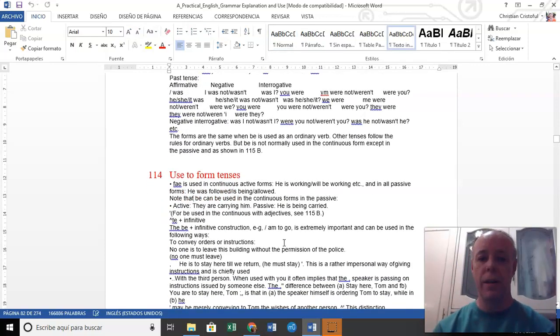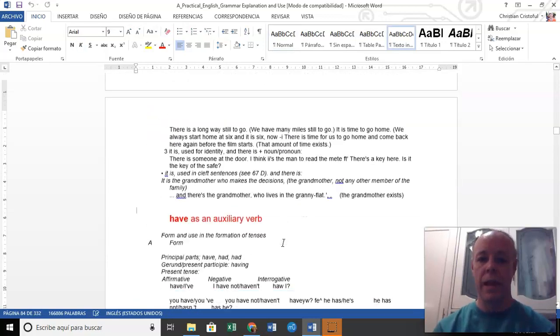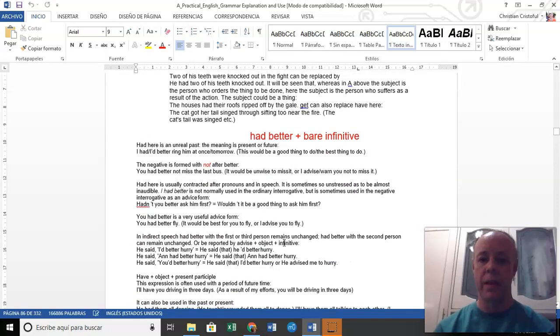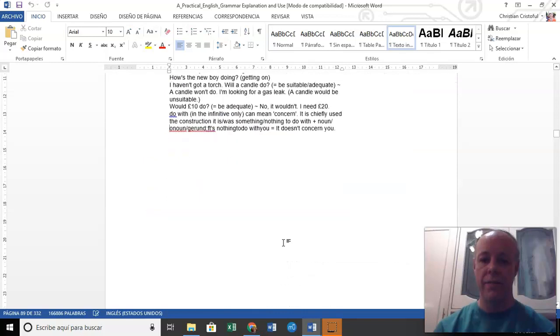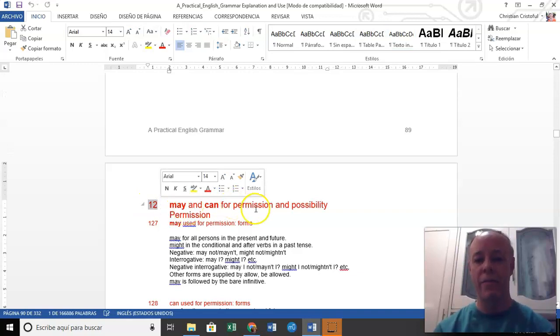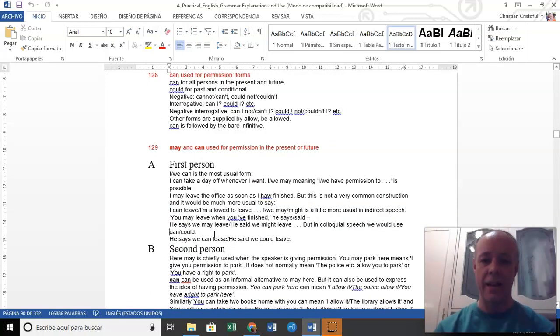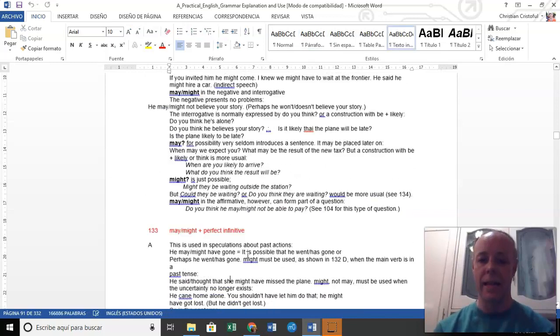And you have all the explanations. Be, have, and do. And then what else do you have? Apart from that, you have chapter number 12 here. May and can for permission, and possibility, and may used for permission, and can used for permission. And then we have the topic of possibility, and we have may and might again.